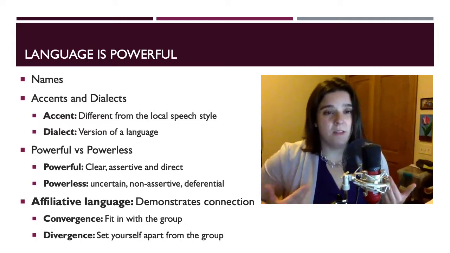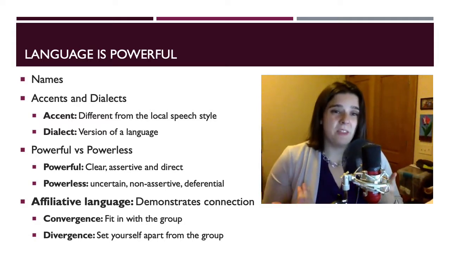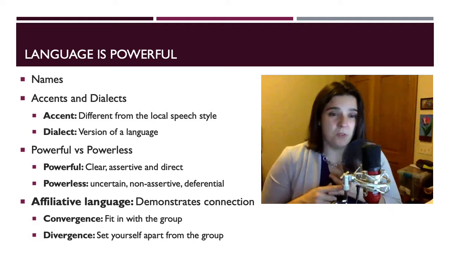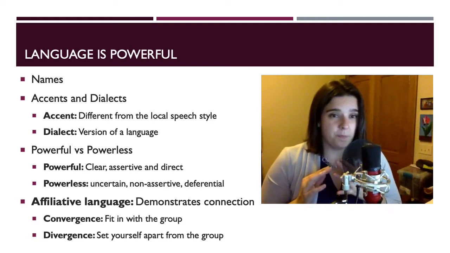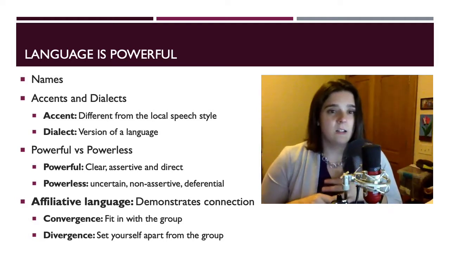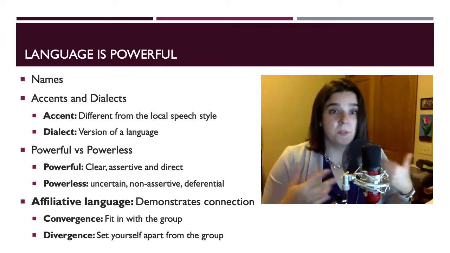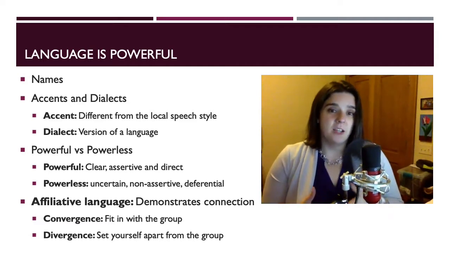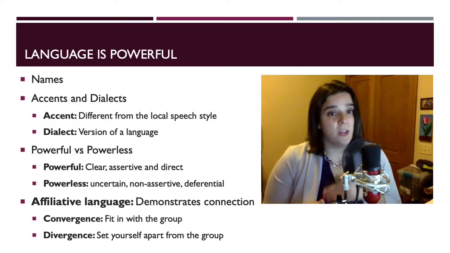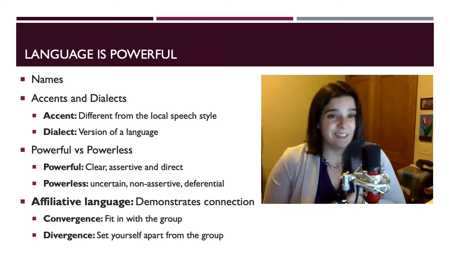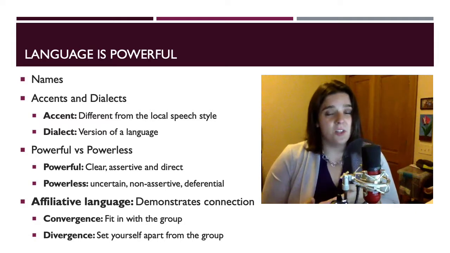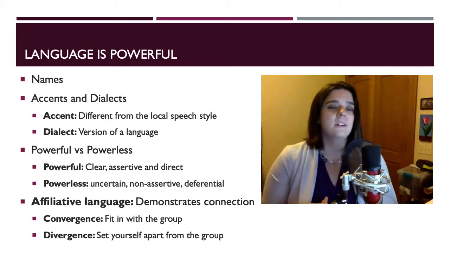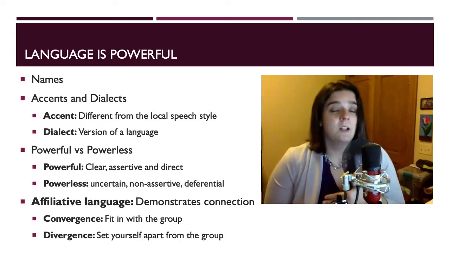Powerful versus powerless language is how we frame the things that we're saying, both the words that we choose and the nonverbals that go with them. Powerful language is things that are clear, assertive, and direct. Powerless language is uncertain, not assertive, deferential.